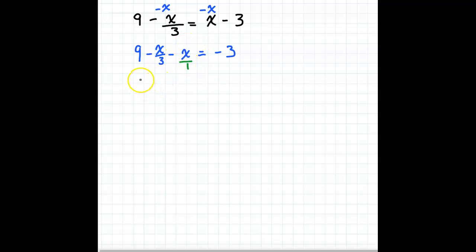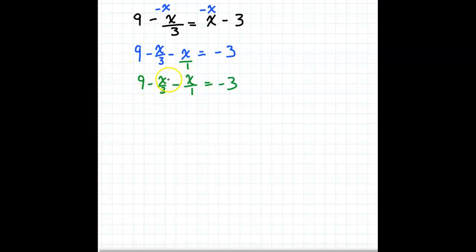So let's rewrite this so we have 9 minus x over 3 minus x over 1. Oops, that did not work. Minus x over 1 equals -3. Okay, you know what? Another thing I can do is I can undo or subtract the 9.